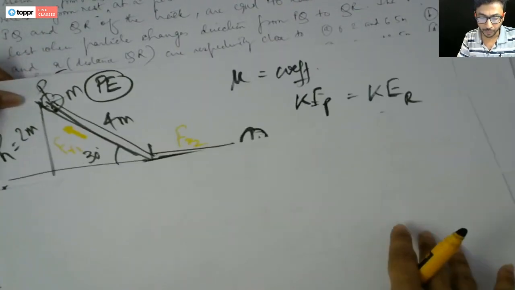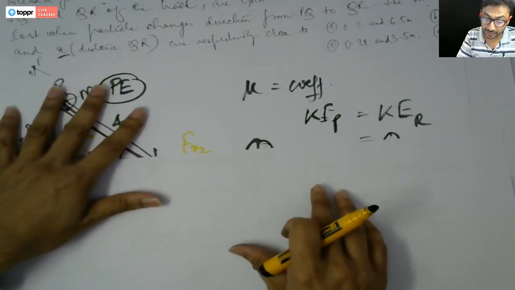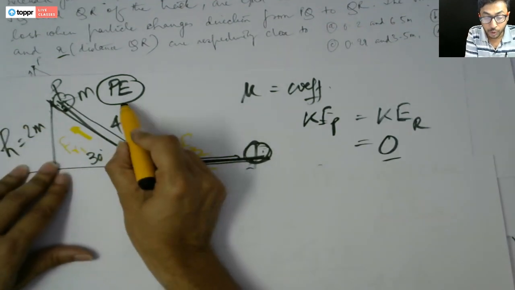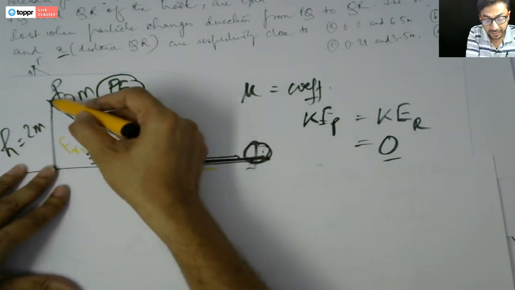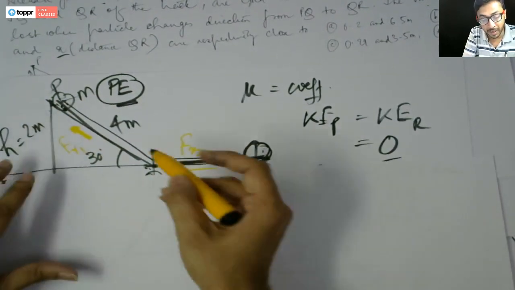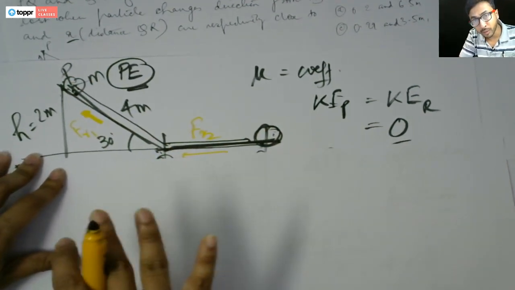Now let us try to find out what is mu. For mu, there is another point we need to remember. The total potential energy is nothing but the work done in the whole path.